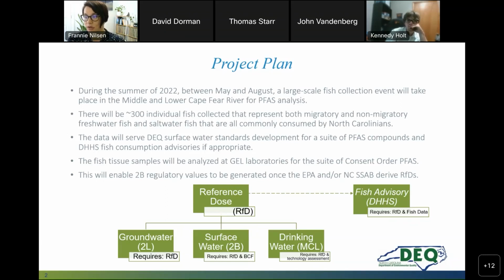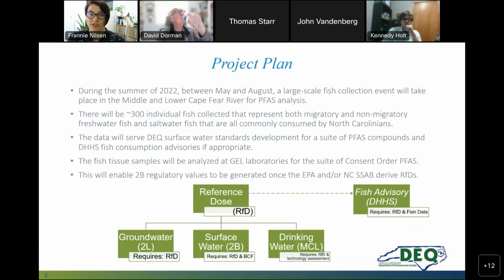This will enable our regulatory values to be generated for these signature or consent order specific compounds once the EPA or the North Carolina Departments and Science Advisory Board derive reference doses. And so again, here is just this figure, importance of reference doses and all of the things that we use them for.